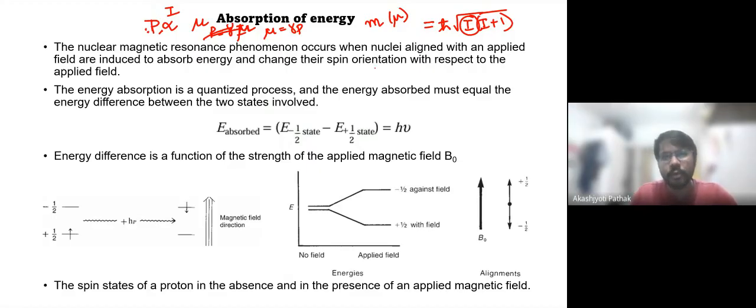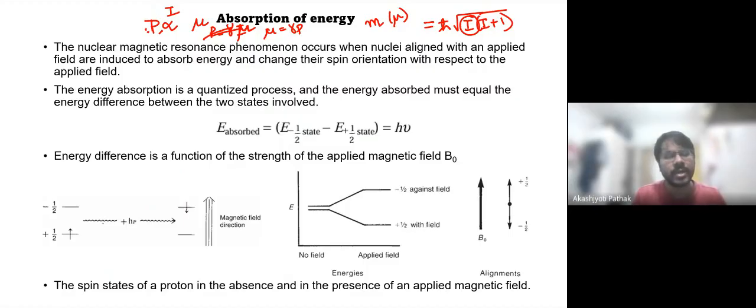Now, in this slide we will talk about the energy associated with each of the spin states. The nuclear magnetic resonance phenomenon occurs when nuclei aligned with an applied field are induced to absorb energy and change their spin orientation with respect to the applied field.